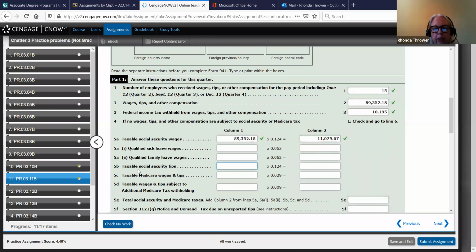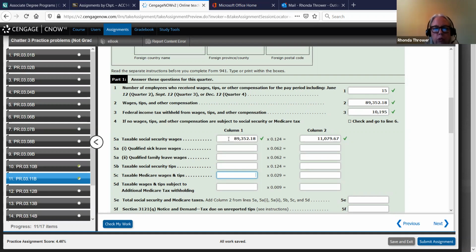We want to find the taxable Social Security tips. There were no tips that were given, so you really don't need that there either. But so we'll move to 5C, taxable Medicare wages and tips. This is your HI portion.